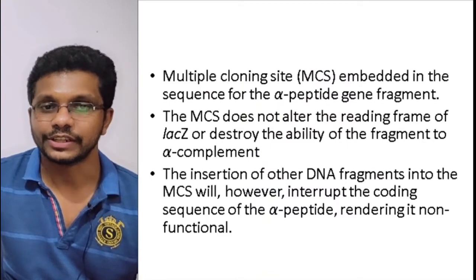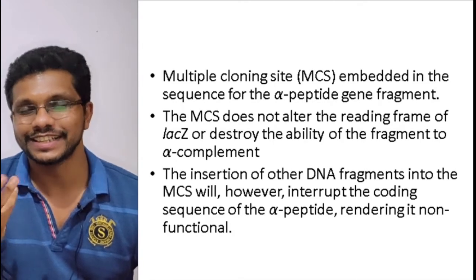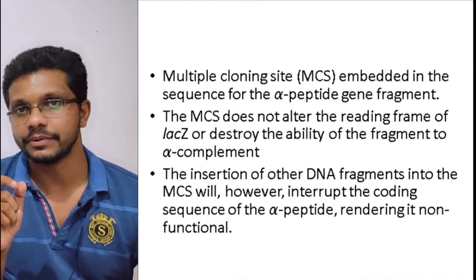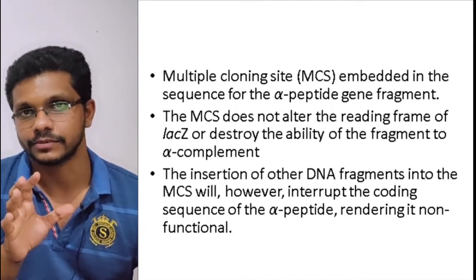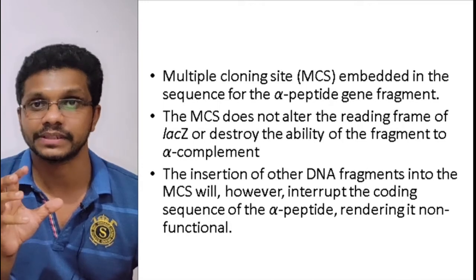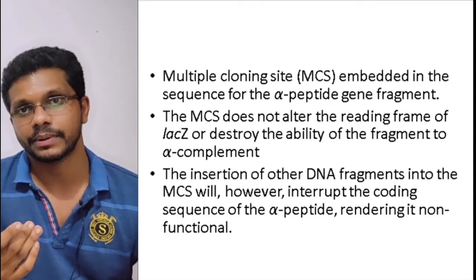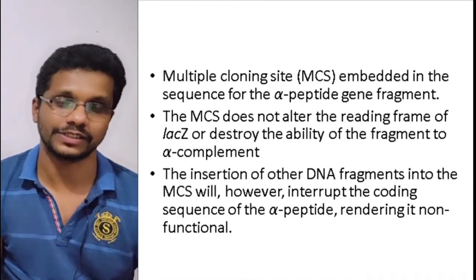For the cloning, in the PBR322 and pUC18 class of vectors, all cloning is done in the multiple cloning site. As I said before, the multiple cloning site does not disturb the LAC gene. So an undisturbed plasmid will produce functional alpha peptide, and this will combine with the omega peptide and produce active beta galactosidase.